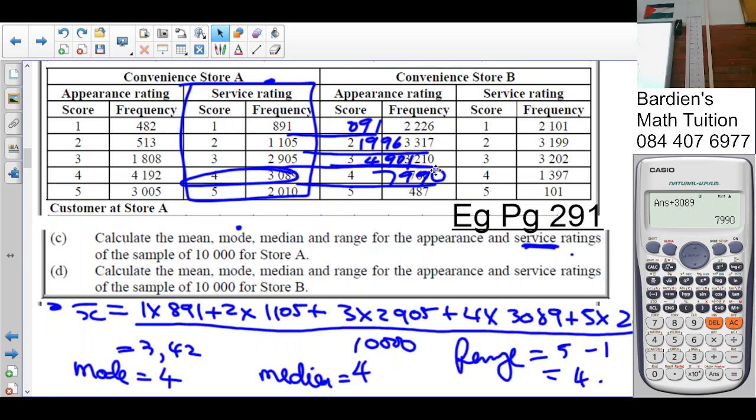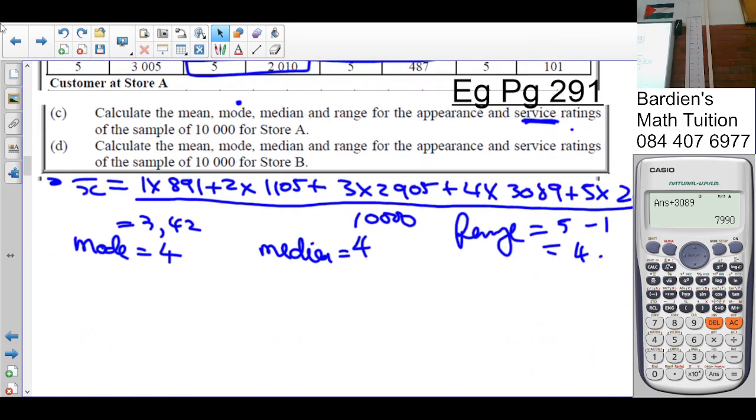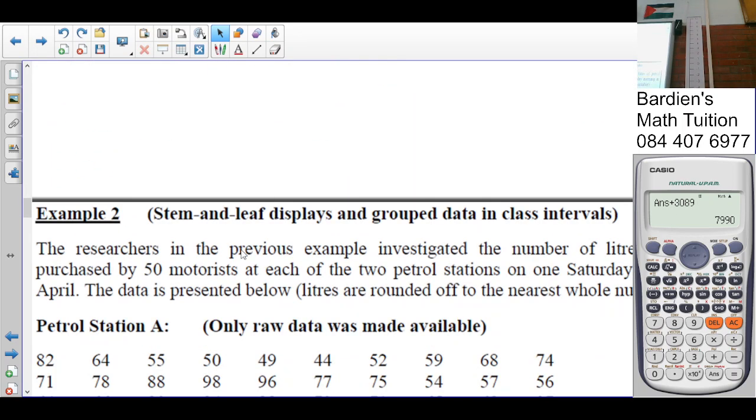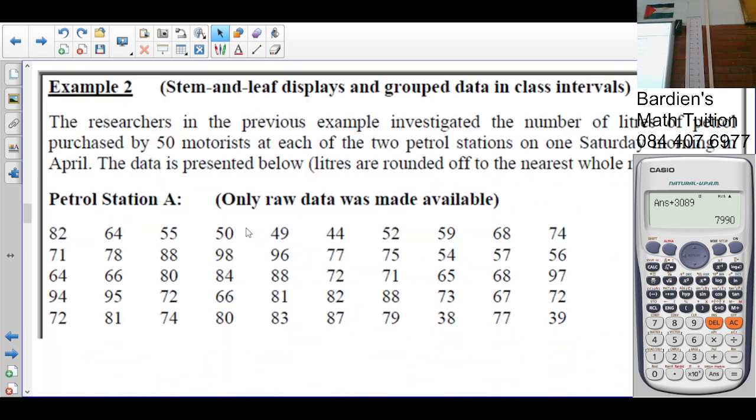Right, people, for homework. Tomorrow we'll speak about the stem and leaf display for group data.